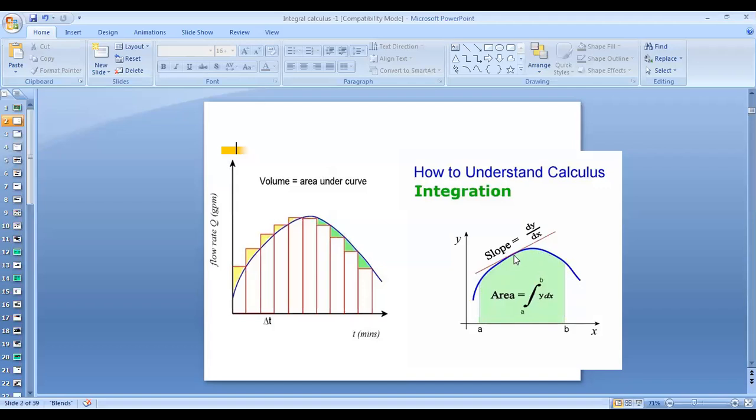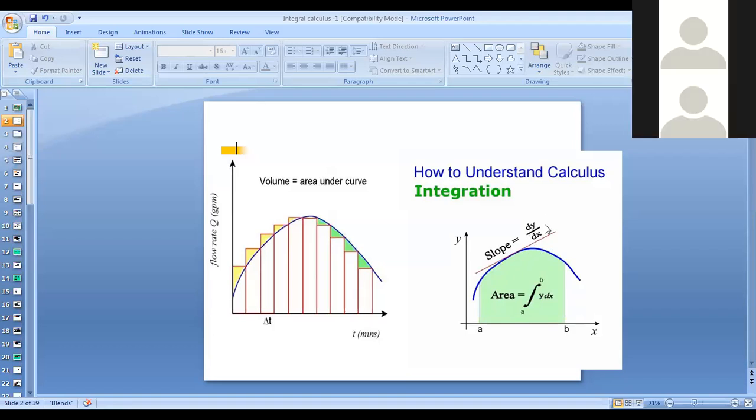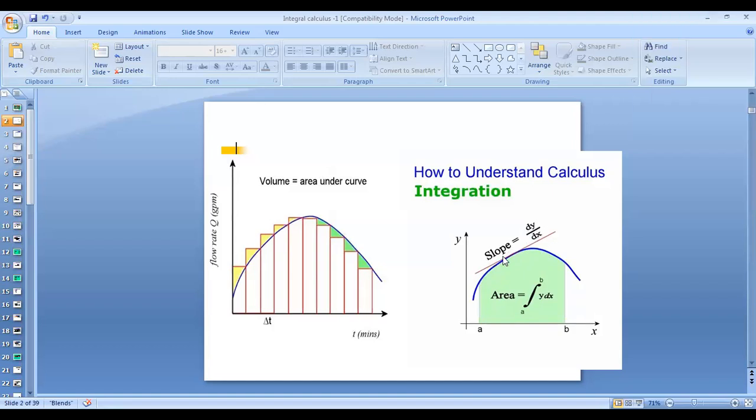Now at any point of this curve, suppose this is the slope. This is the rate of change. There are many different points, and at every point we get the slope of that curve. Slope means what? d/dx of y, the differentiation of y with respect to x. That means the rate of change of y with respect to x.